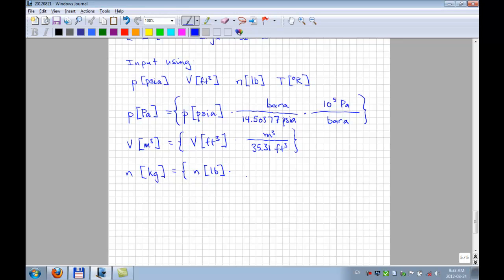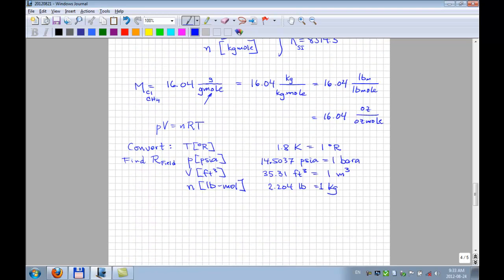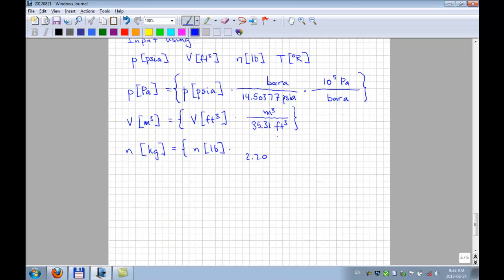So we have to use this conversion, I think it was 2.204 pounds per kilogram. And then the final one is temperature. We need that in Kelvin, but if we input that in degrees Rankine, then we have 1.8 degrees Rankine per Kelvin.